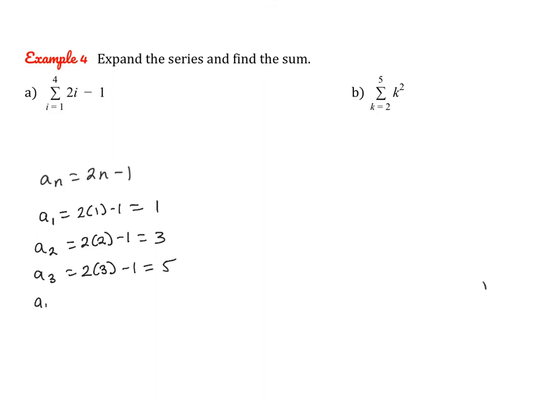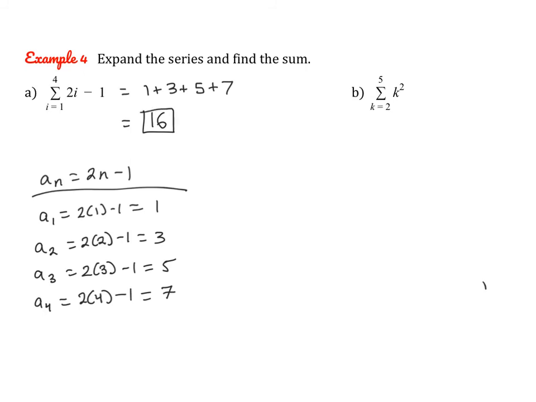And our fourth term, a sub 4, is 2 times 4 minus 1, which is 7. So if I expanded out this series, it's 1 plus 3 plus 5 plus 7. That's what they're asking us to find. All we have to do is add that up, and our sum is 16. And there you have it.